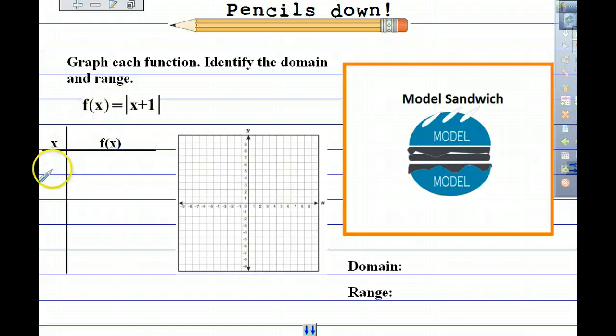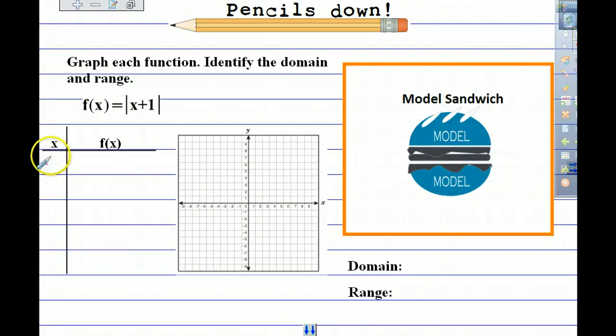Always plug in some negatives, 0, positives. If you can figure out what the x-intercept is going to be, use that as well. Remember, x-intercept is when this will be 0. So what number would you have to plug in here for this to be 0? -1. So when I say some negatives, 0, positives, make sure one of your negatives is -1.